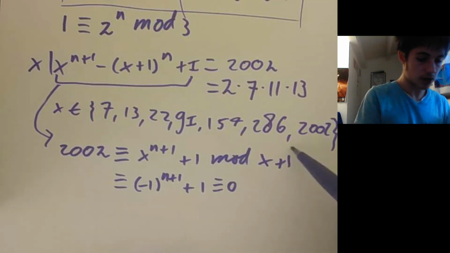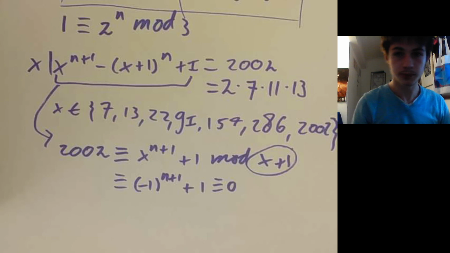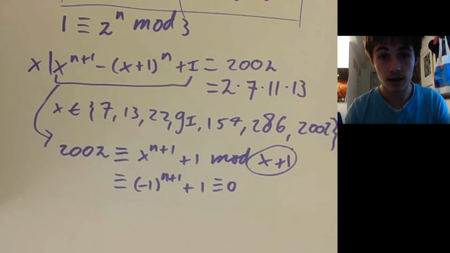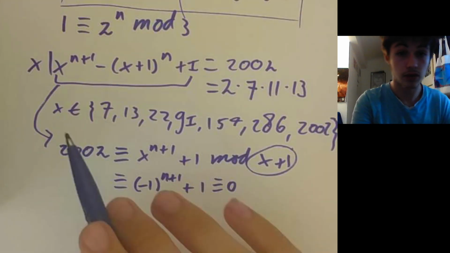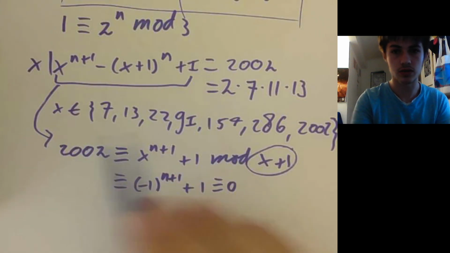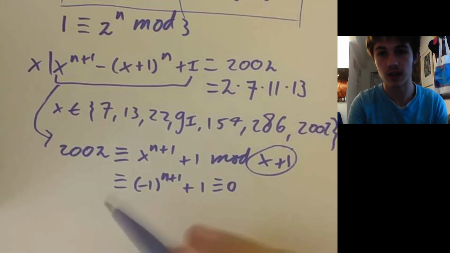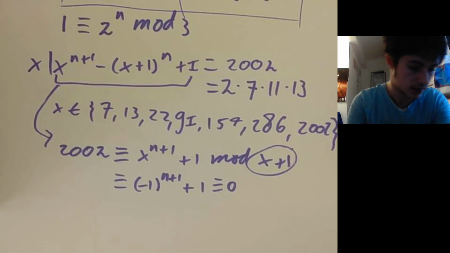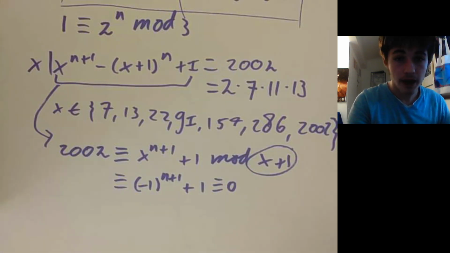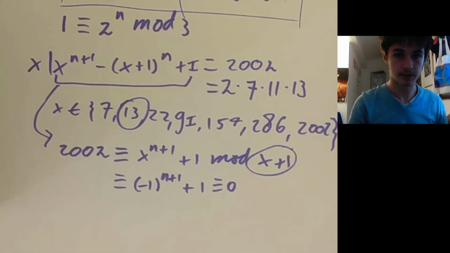So also x plus 1 is a divisor of 2002. And if you use that for this set, you check if you increase x by 1, will it still divide our number 2002? And you'll see that there only is going to be one option, which is 13.